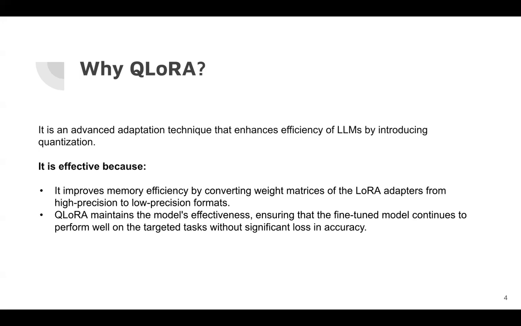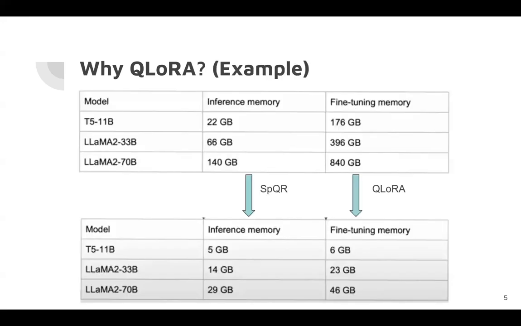In a sense, QLoRA ensures that our fine-tuned models are not only accurate, but also incredibly efficient, making them suitable for deployment in environments where resources are limited. So here is the diagrammatic representation of what a fine-tuned model does. We can see how the memory is drastically reduced.